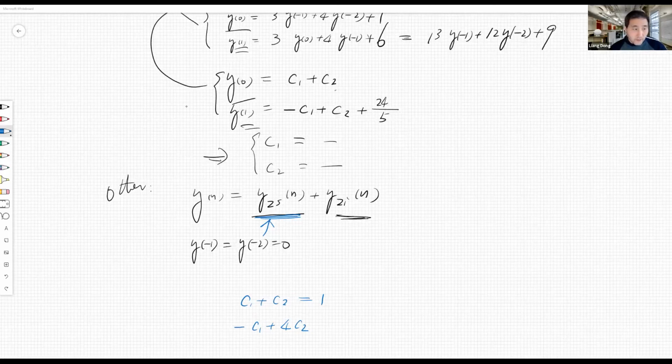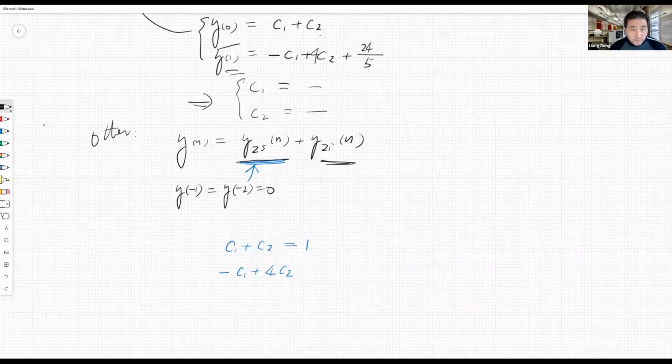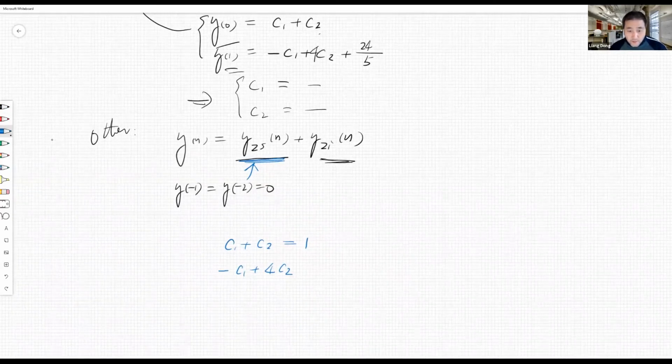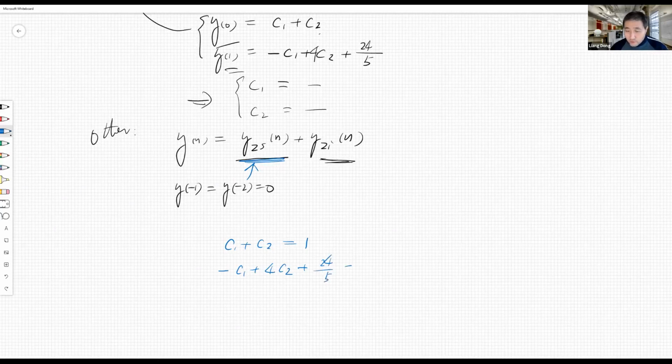Oh, yes, sorry, I should have a 4 here. So I'm looking at those two equations. So 4C2 plus 24 over 5 equals 9.